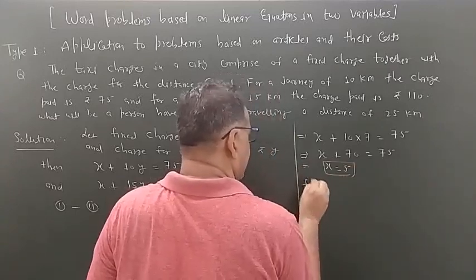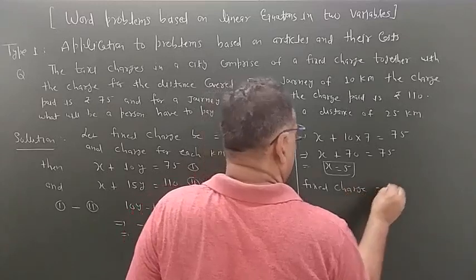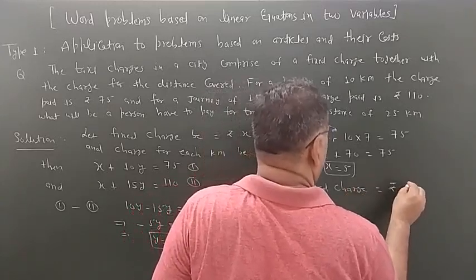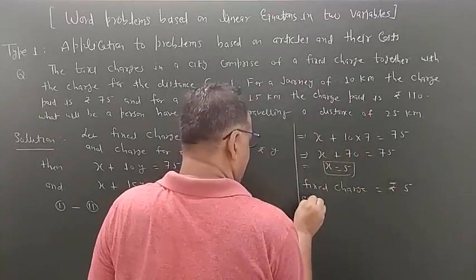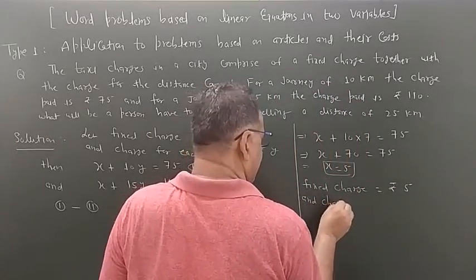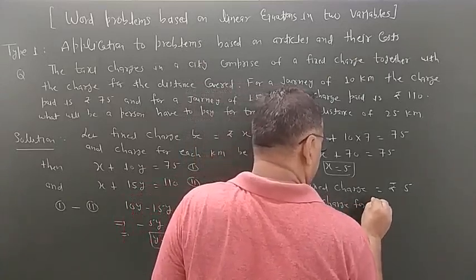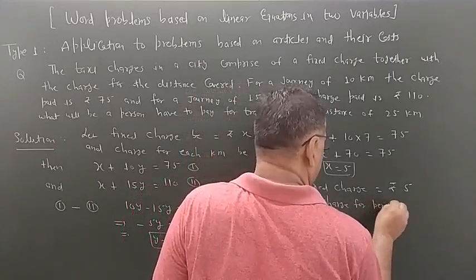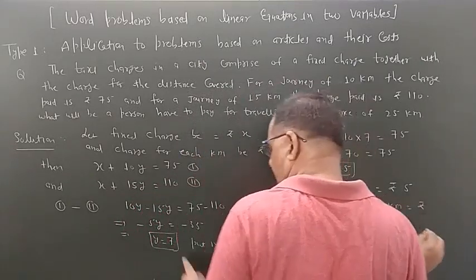So the fixed charge is rupees 5 and the charge per kilometer is rupees 7.